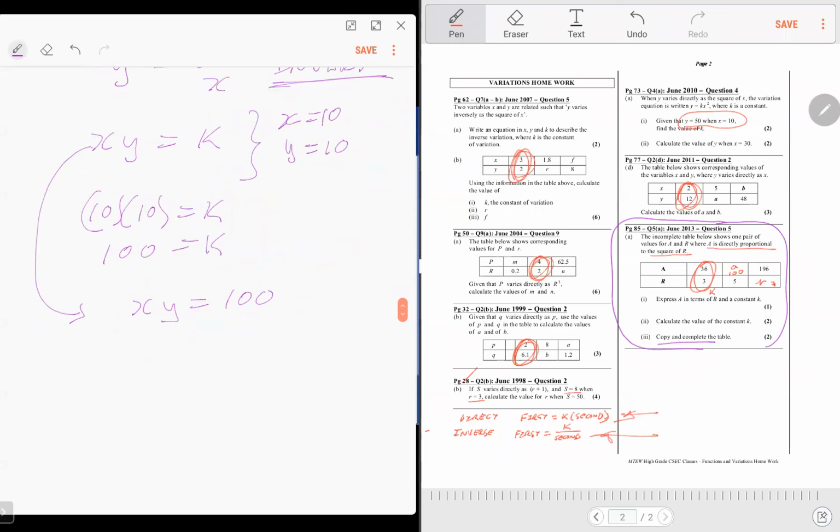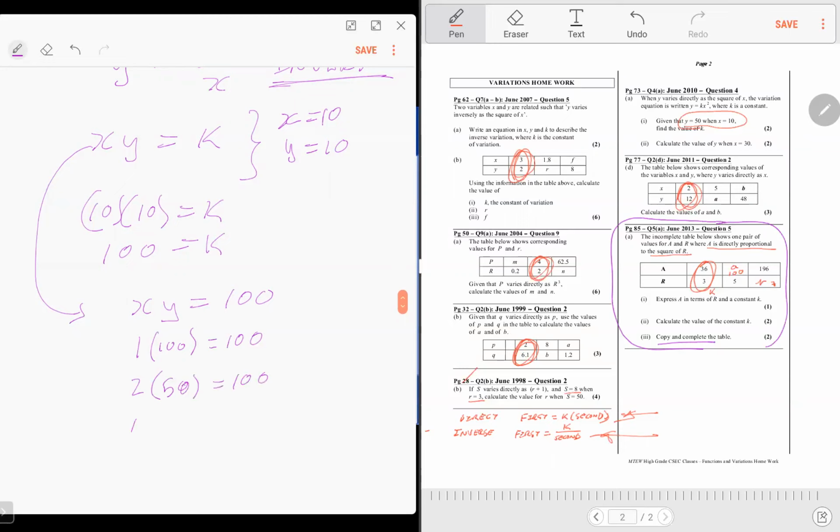When x is 1, what must y be for the answer to be 100? 100, times 1. When x is 2, what must y be? 50, sir. You see? So the x going up, the y coming down.